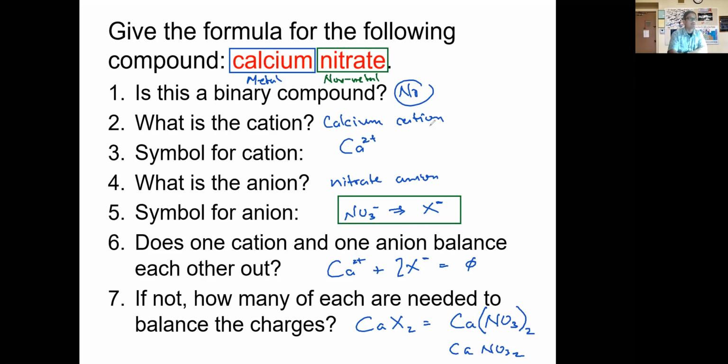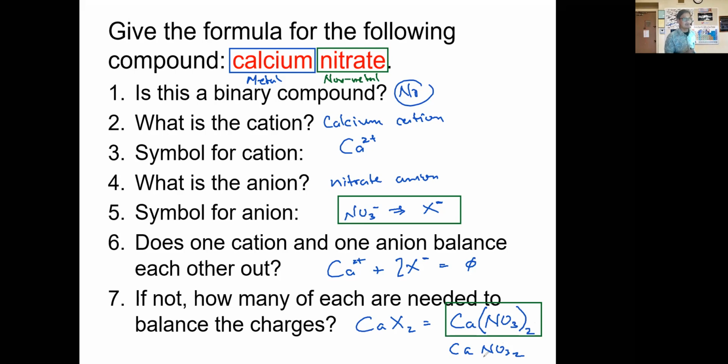And so when we write out these polyatomic ions, when we write out these non-binary compounds, what you need to do is, with the polyatomic ions, if you end up with more than one of them, in the previous examples we only needed 1 to balance out the cations. If you end up with more than 1, you have to place the polyatomic ion in parentheses, and then indicate how many you have with the subscript on the outside of that. Okay. All right.